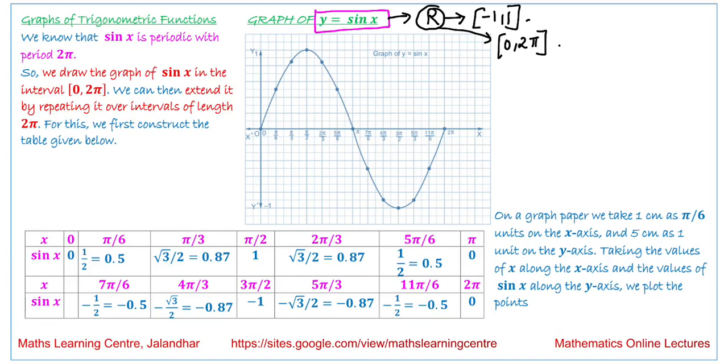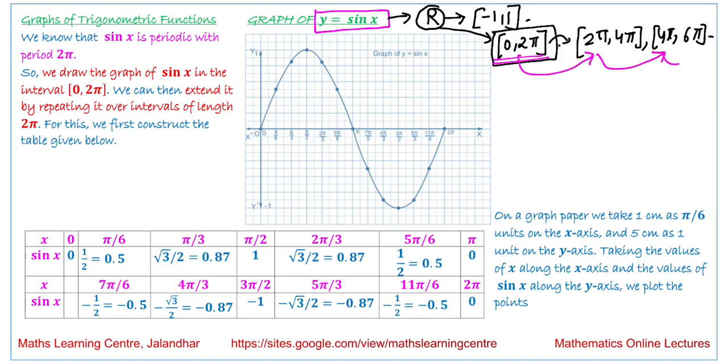So whatever the graph of the function is in this interval 0 to 2π, the same graph will be in the next interval from 2π to 4π. Same graph will be for 4π to 6π. So it means if we plot the graph of this function in this interval 0 to 2π, then by repeating the graph on the intervals of length 2π, we can obtain the graph of the function for all the real numbers R.